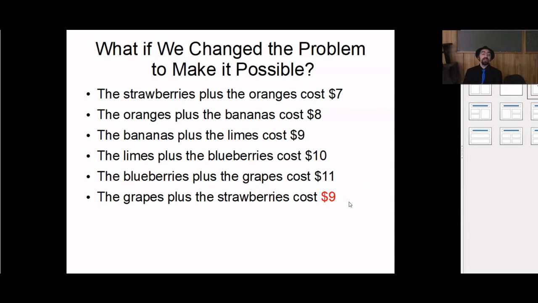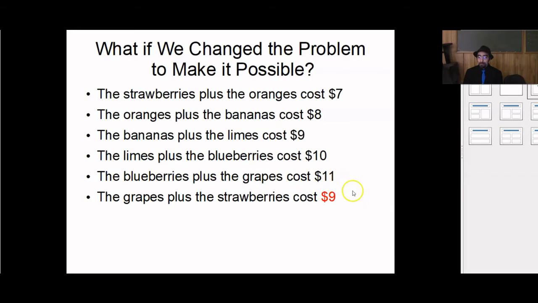This concept is called linear dependence. This last equation depends on the other 5 that came before it. Once we know these 5 rules, we know exactly how much the grapes and the strawberries have to cost.